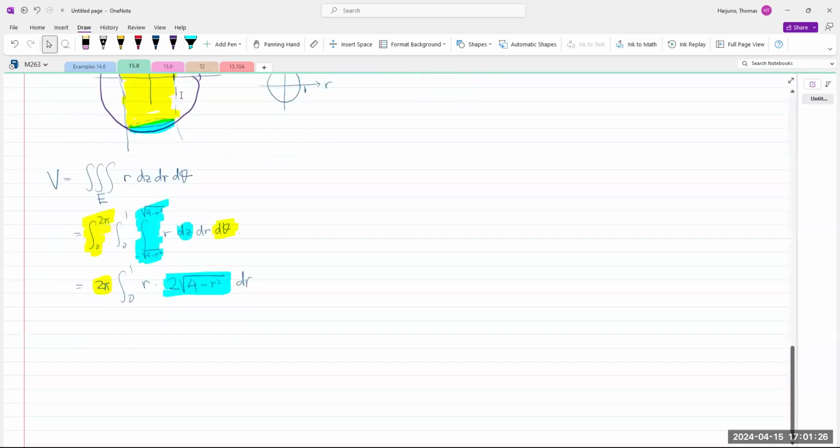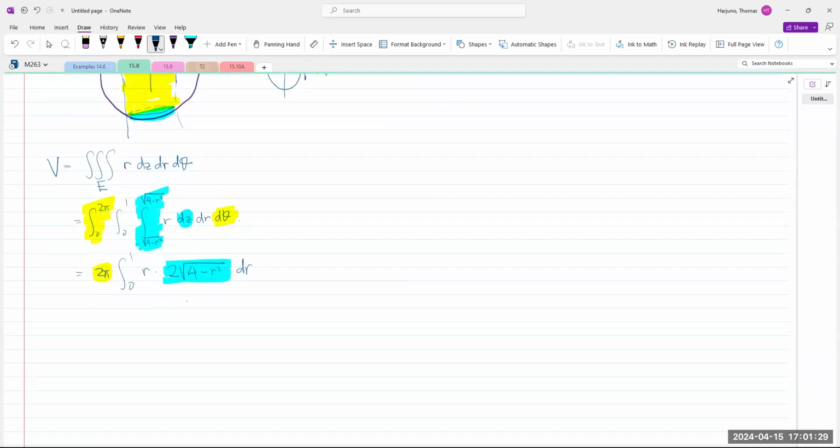Now from here it's just a regular integration. I do substitution, so u equals 4 minus r squared, so du equals negative 2r dr. Okay, so we get 2 pi integral from 4 to 3 of u to the power of 1/2, while 2r dr is negative du. I reverse the limits of integration so that we can absorb the negative.